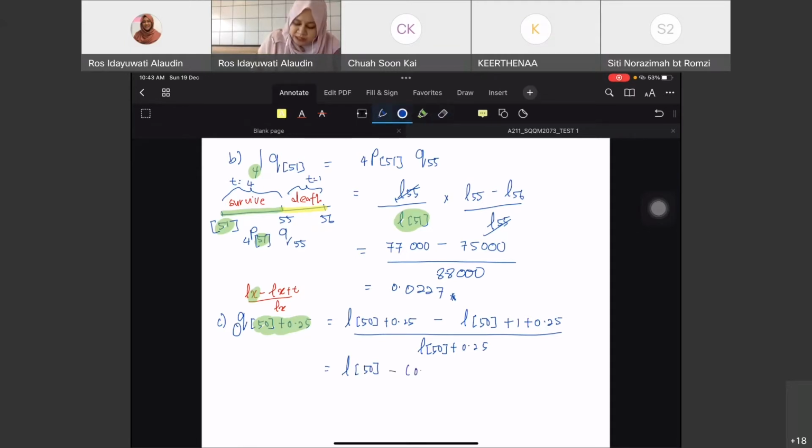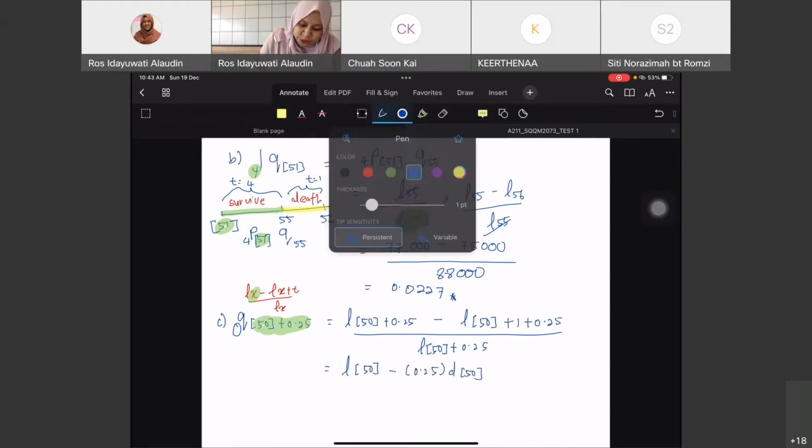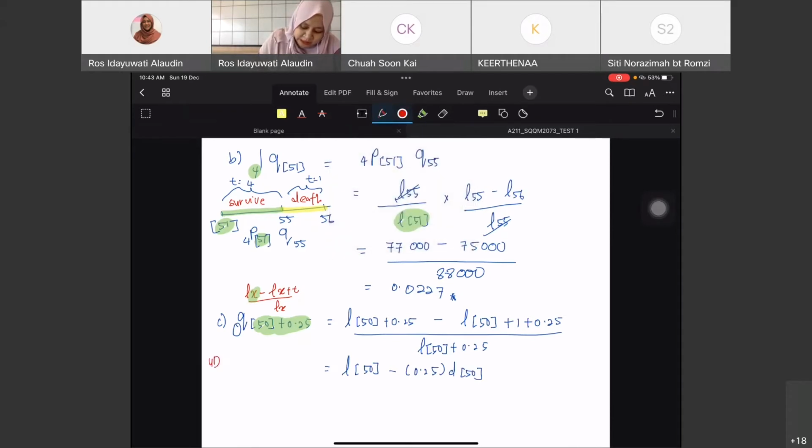So t is 0.25, d[50]. So for UDD, if you refer back, l(x+t) is equal to lx minus t dx.